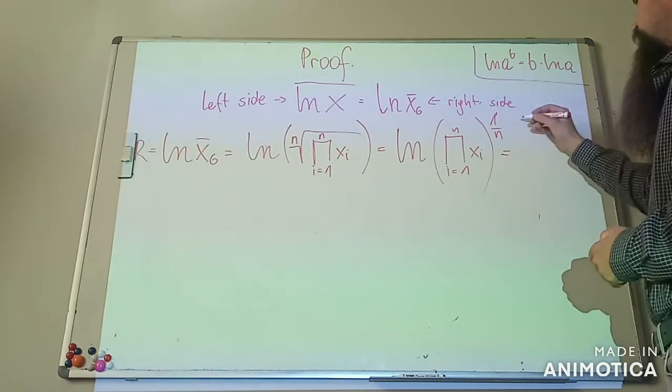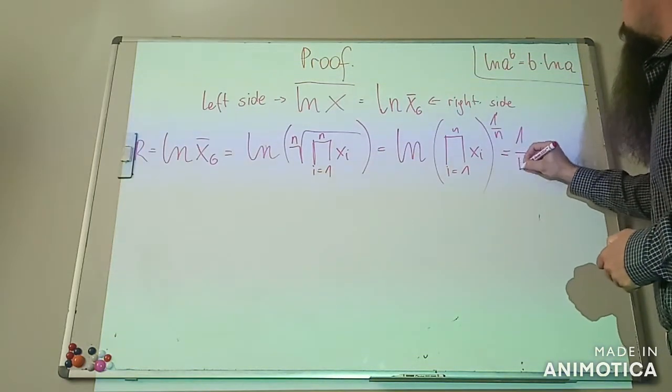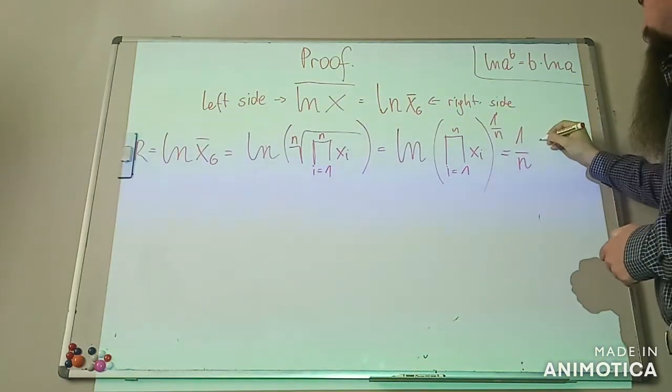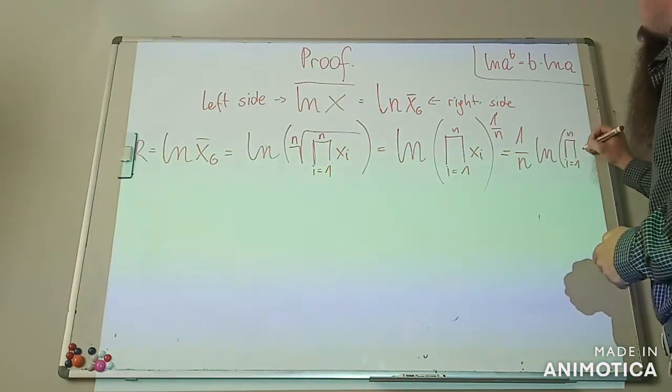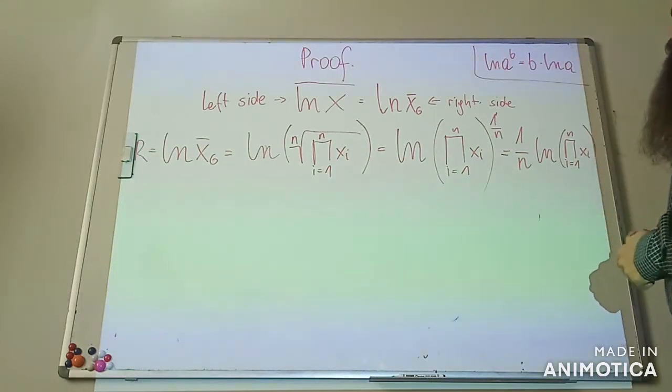So we get 1 divided by n, logarithm of the product from i equal 1 up to n of xi.